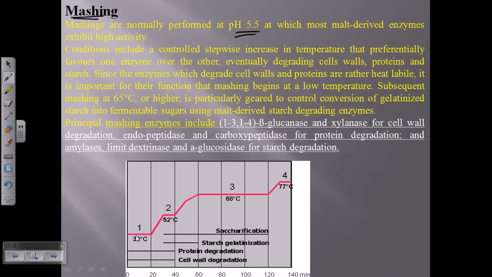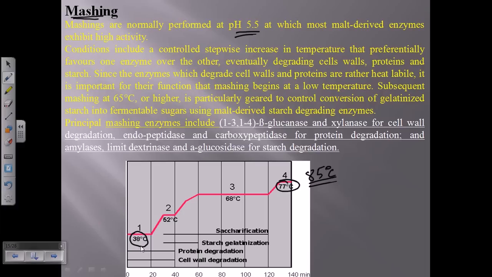As we can see, we are gradually increasing the temperature from 38 degrees Celsius to 77, and finally to 85 degrees Celsius in this stage. We increase a little bit and stabilize for some time, like that. Now why are we doing so? Because certain enzymes present in the malt act at 38 degrees Celsius first, so we allow some time for those enzymes to work perfectly at this temperature.